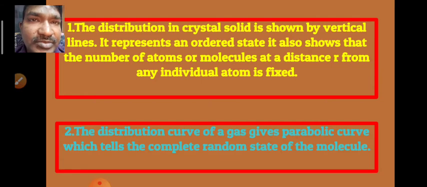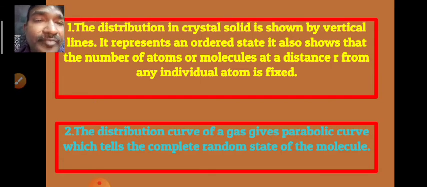That means from a fixed atom, the number of molecules present around an atom at the distance r, we call the radial probability.